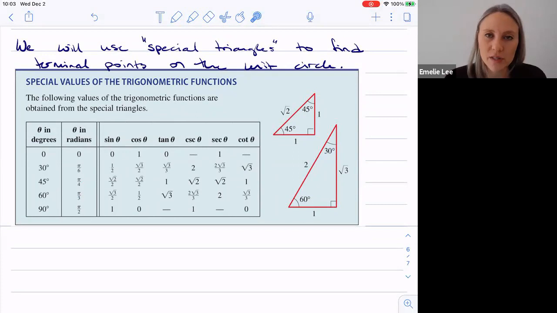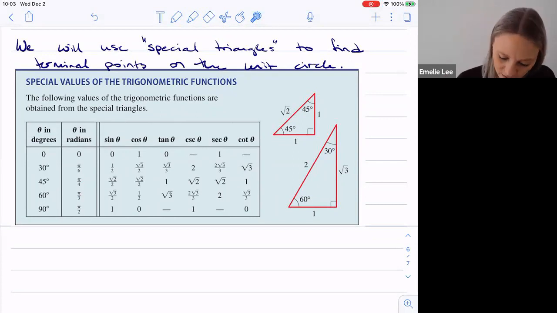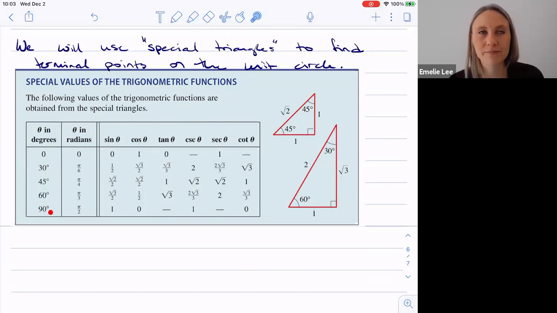So these are the key ones to know. Definitely have the special triangles and maybe even these conversions memorized. You don't need to memorize anything because presumably you'll have access to everything during the test, but have it available somewhere.